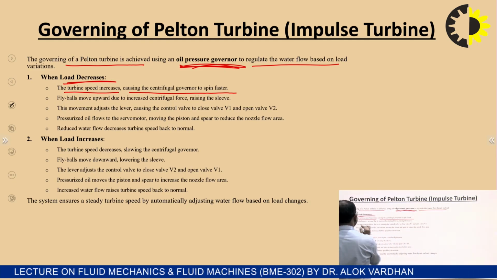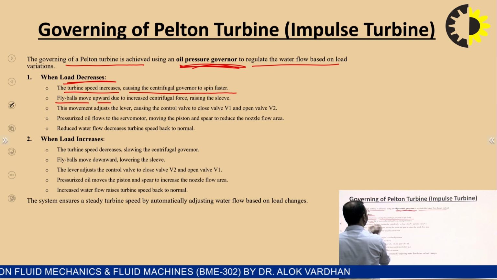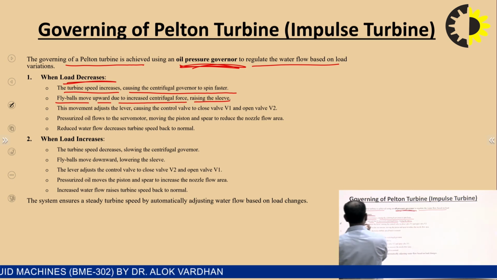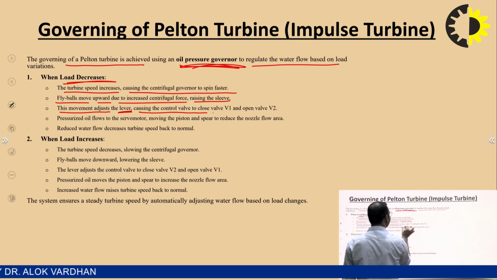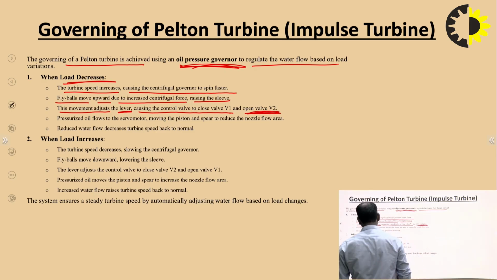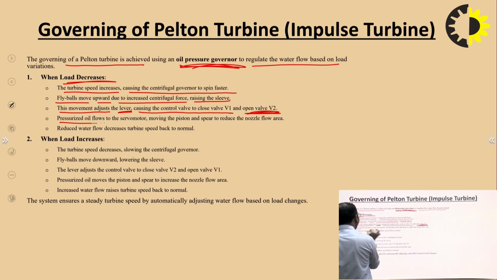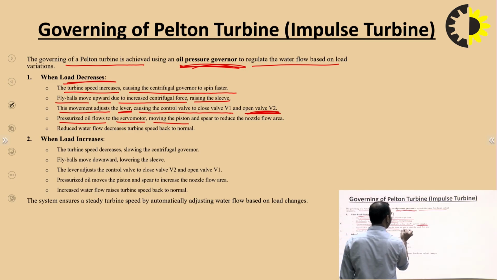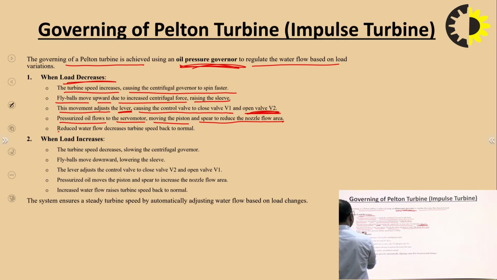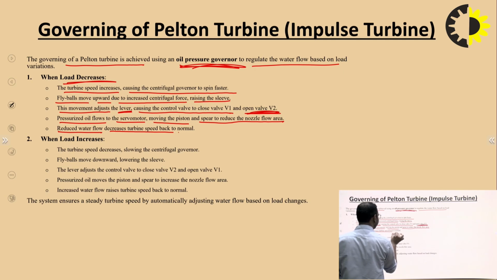Due to this, the flyball moves upward due to increased centrifugal force, raising the sleeve. This movement adjusts the lever, causing the control valve to close valve V1 and open valve V2. Due to this, pressurized oil flows to the servo motor, moving the piston and sphere to reduce the nozzle flow area. This reduced water flow decreases turbine speed back to the normal condition.